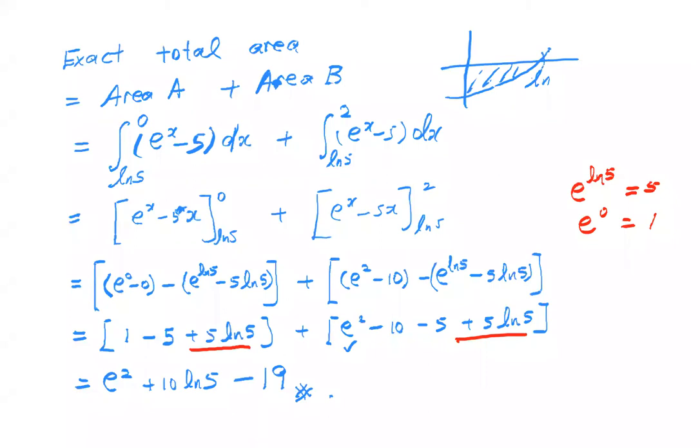Usually when we write the exact value, correct? We always put the exponential term first, then the ln term, or you want to put the ln term first also can. Try not to put the number first, if possible. Unless the number is positive, maybe you can put first. And if the exponential is negative, it's a minus, then you put at the back. Are you clear? Positive term always put in front.